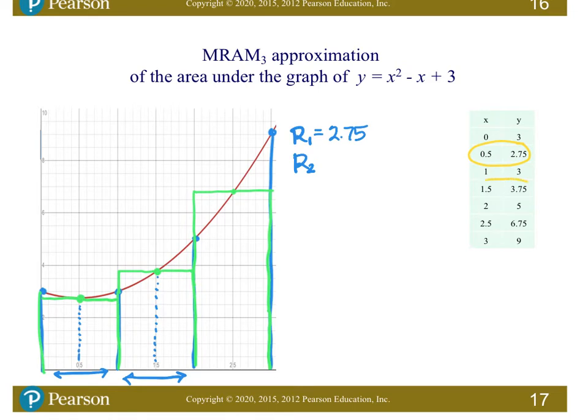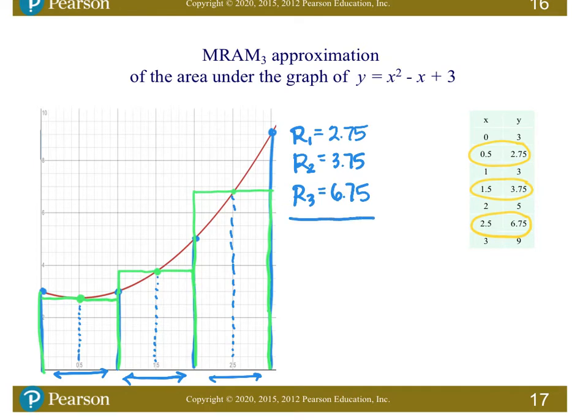So I look at that, and that's a height of 3.75. And then my third rectangle, consistent base of 1, but the height right above 2.5. And so according to my table, that's 6.75. And so then I'll add up these 3 rectangles. So I get 13.25 as my estimated area as the best approximation.